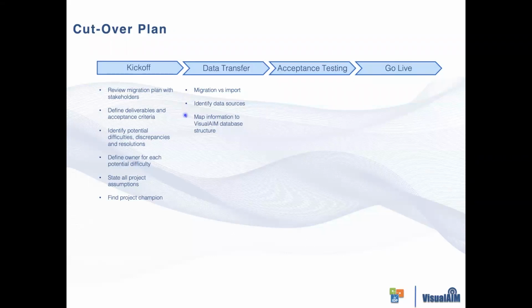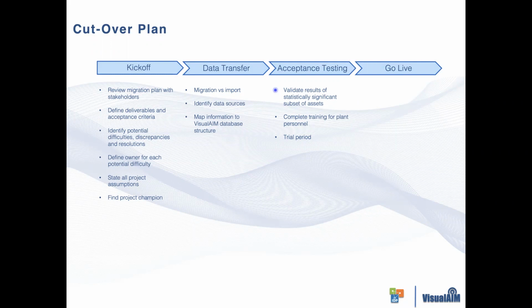And once that step is complete, you essentially pass to the third step, which is also crucial, which is that of acceptance testing. The main thing that we as VisualAIM do is that, depending upon the scope of the project, we always like to grab a statistically significant subset of assets to test the software calculations on.